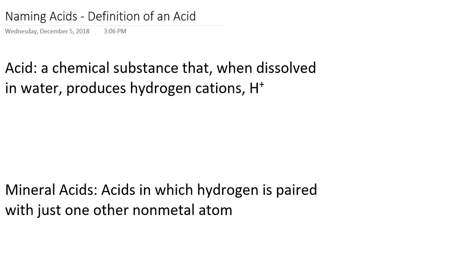But for now, probably the simplest way to think of an acid is a substance that, when I dissolve it in water, produces hydrogen cations. Now keep in mind, we've discussed the hydrogen cation before. An example of just such a substance is hydrogen chloride, or hydrogen monochloride gas.